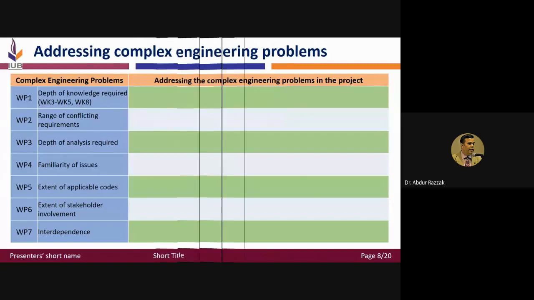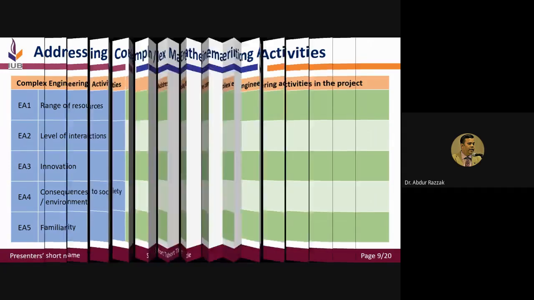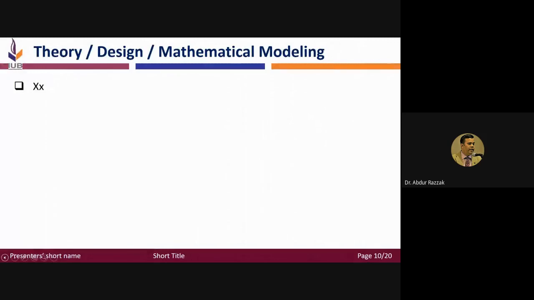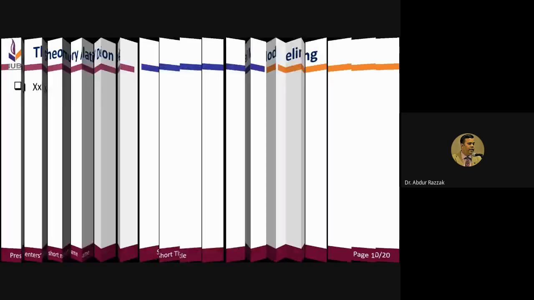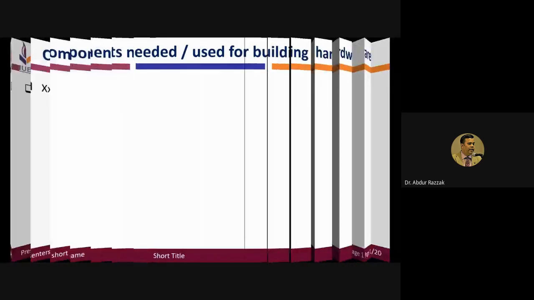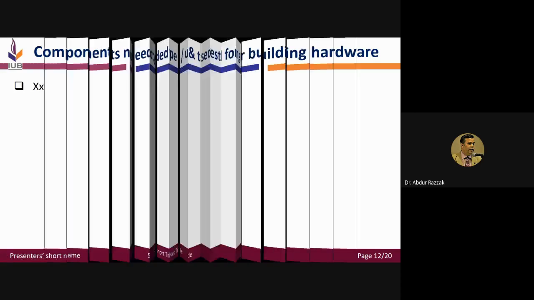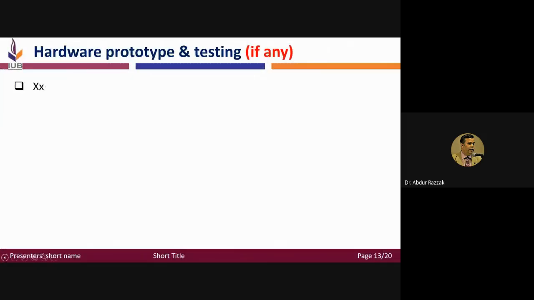And then the complex engineering problems and activities will be brushed up, and the final version should be here, and that will be reported in your final report. Then theory, design, mathematical model, whichever is applicable, you just put it here. The simulation, of course you have the simulation, so put it here. Then if you are building hardware, write down the components needed or used for building the hardware. And then a hardware prototype.